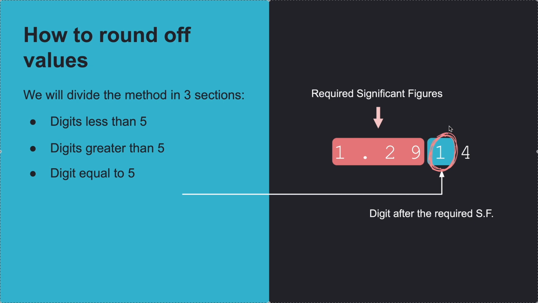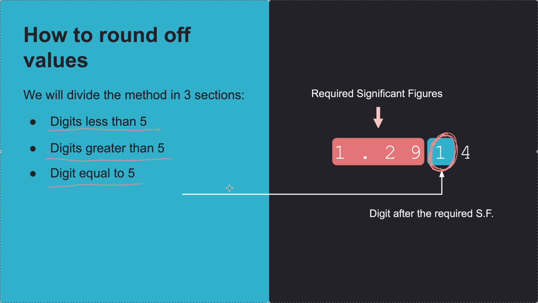With respect to this blue box, which contains a known digit, we will divide the rounding off method into three categories: digits less than 5, digits greater than 5, and digit equal to 5, which is basically 5 here.